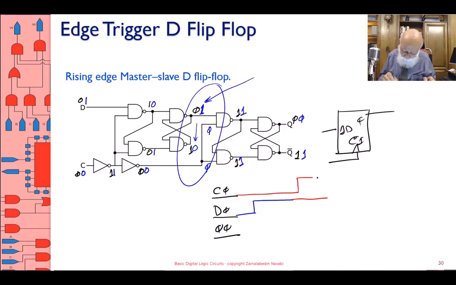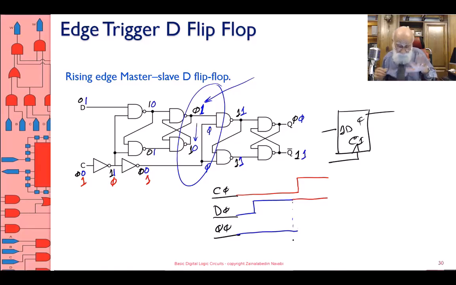Clock becomes 1. Okay, clock becomes 1. This becomes 0. This becomes 1. Let's see what happens on the left hand side. Now, something I also have to say, that you notice that when D changes and comes in the middle, in the master, Q stays the same.